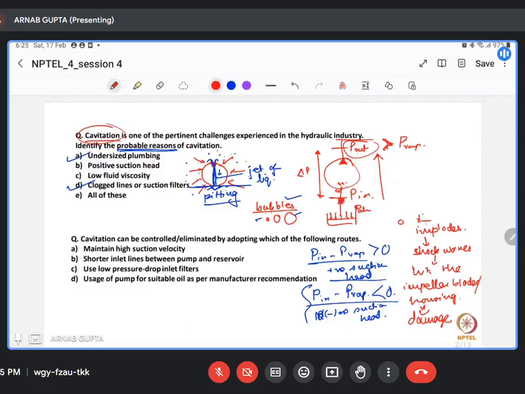If the filter is getting clogged, then this particular inlet pressure will be reduced. Why? Because there is some pressure drop across this clogged line or the suction filter, and hence the P in will reduce further, and hence the possibility of cavitation will be higher. So these two are the correct options.